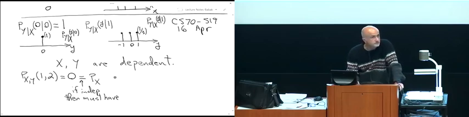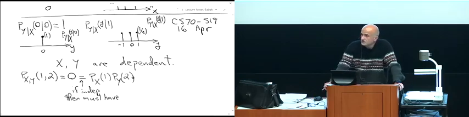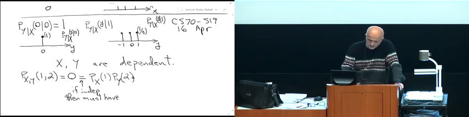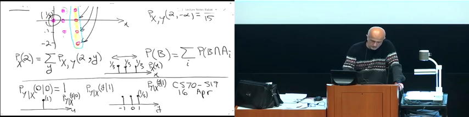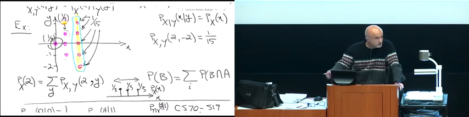What equality must be true? This is equal to what? The probability X equals 1 times the probability y equals 2. To get a 0, I need at least one of these two to be 0. Is that true? What's the probability that x equals 1?